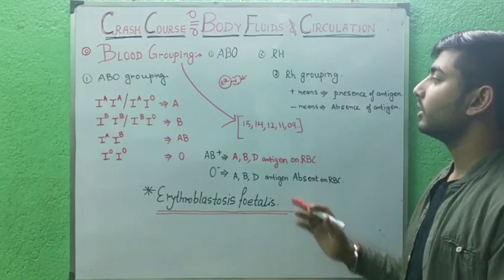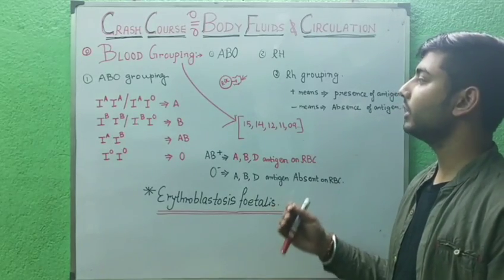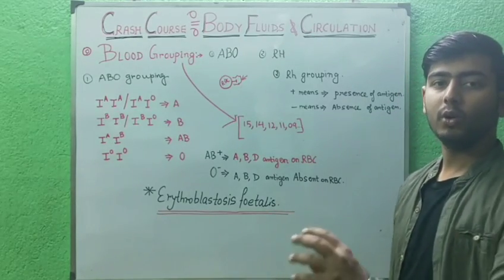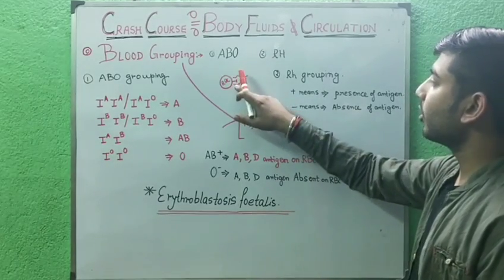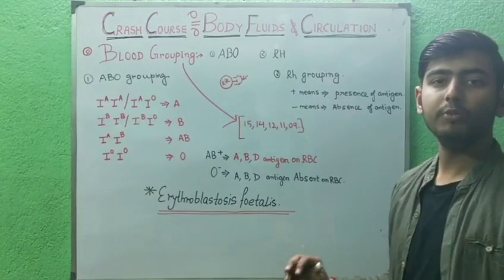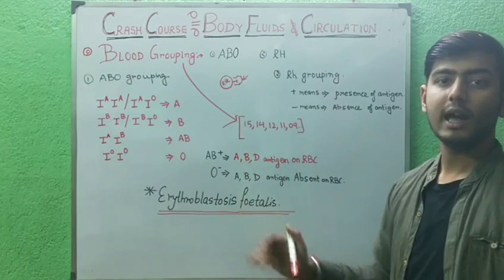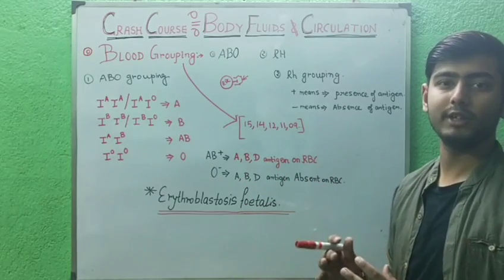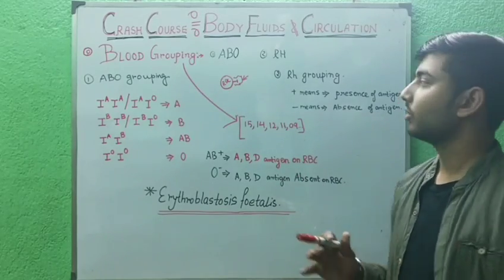First of all, we have to understand what is antigen and how they can show their property. We know that antigen can bind to antibodies. Now, if an antibody is bound to this antigen, obviously RBC will not flow in the blood. RBC will accumulate and they will clump in the blood vessel. So, this will form agglutination of RBCs.